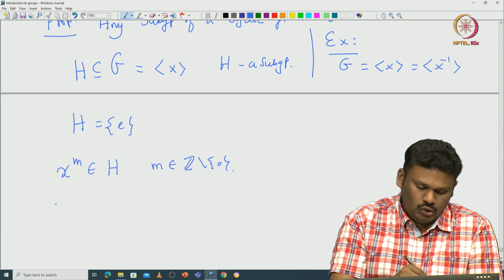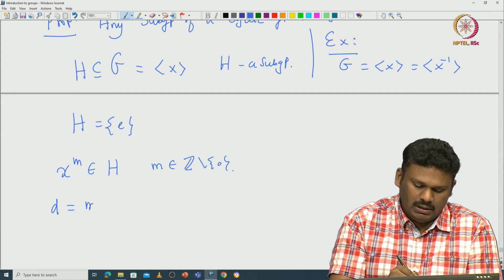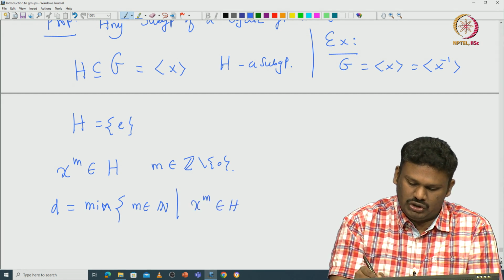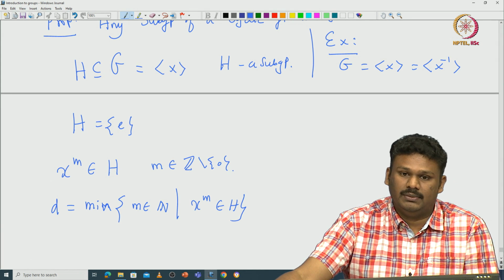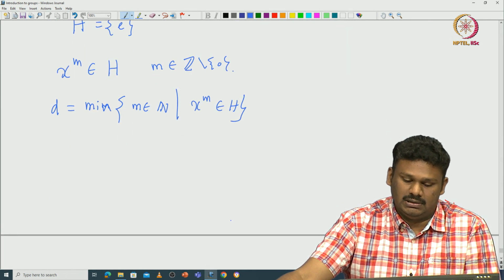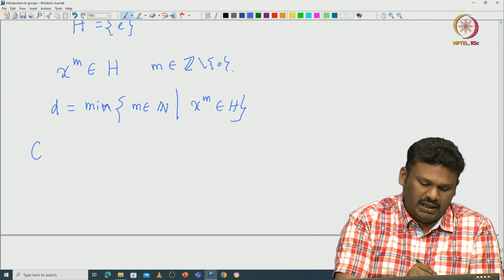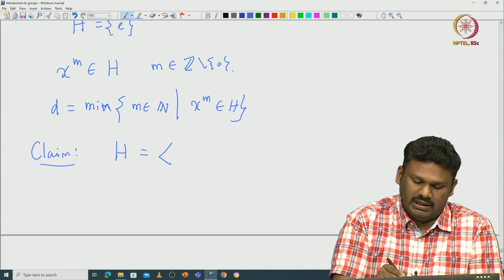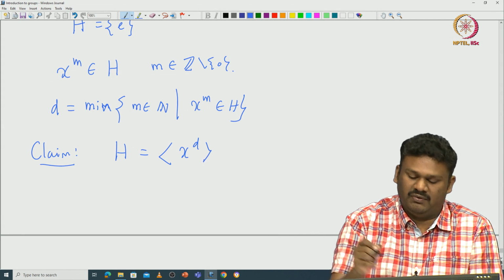Then I can choose d to be the minimum of such m, that is, m in the naturals such that x power m is in H. Then we claim that H must be generated by this x power d.